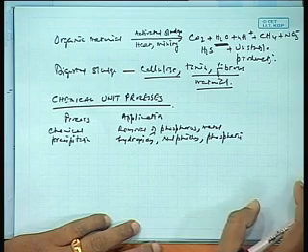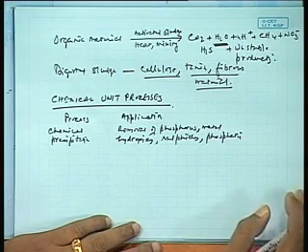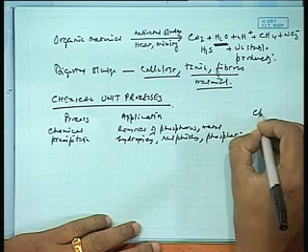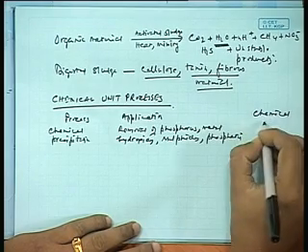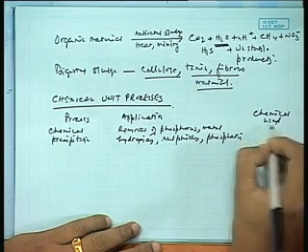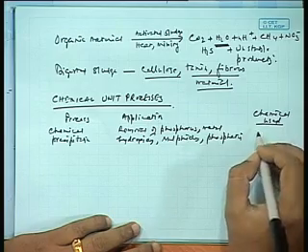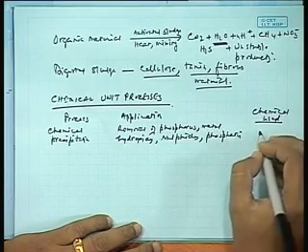Detergents are the major sources of phosphates nowadays, and the chemical used for this purpose, one of them, is alum.